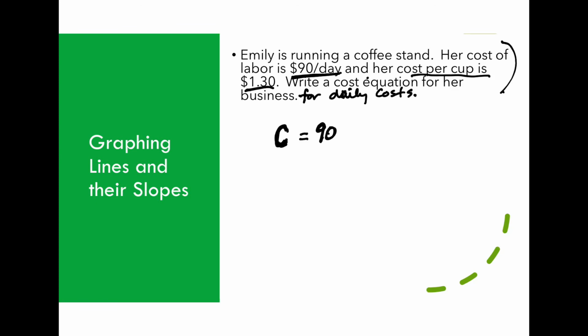So I'm just going to use X. So X is going to be the number of cups sold, and you can use whatever variables you want, right? The C is kind of standing in for my Y, because the cost is going to vary based on the number of cups sold. And to the cost of $90 for the labor, we're going to add $1.30 times X, the number of cups sold.